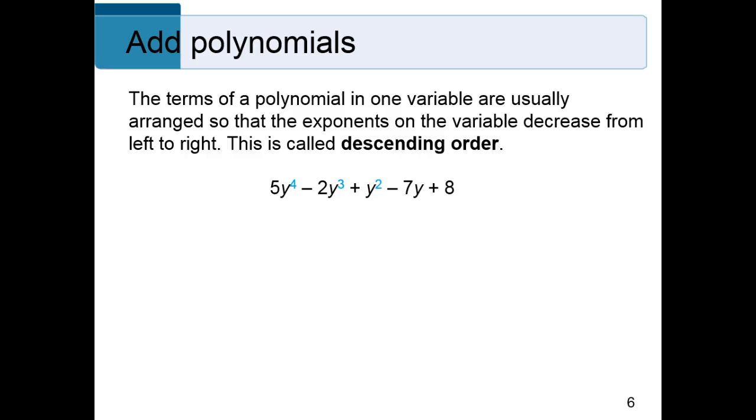The maximum exponent identifies the degree of that polynomial. Now that's in a single variable. So terms of a polynomial with one variable, that's the case. If you had 2 or more variables, you add their exponents together. Not doing that yet. We're just doing a single variable for now. In fact, most of the time that's what we're going to deal with.